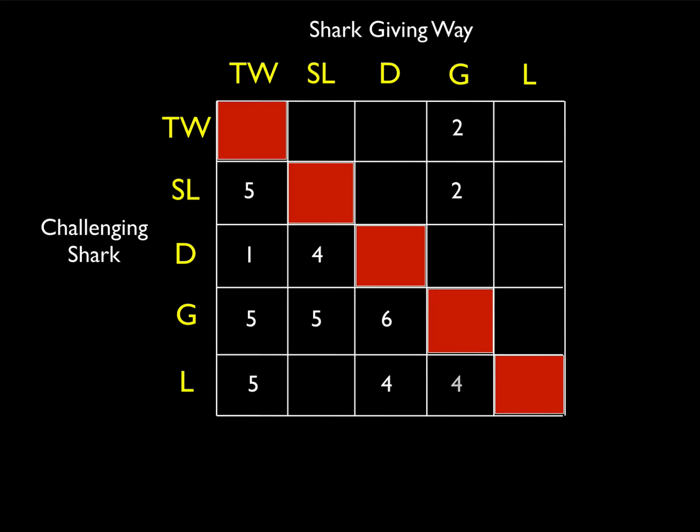Okay, so with these numbers in mind, you can now start to ask questions about the dominance hierarchy. Who's the most dominant shark? Who never gave way? L never gave way to any of the other sharks, and it was challenged, by the way. I'm not showing you those data.